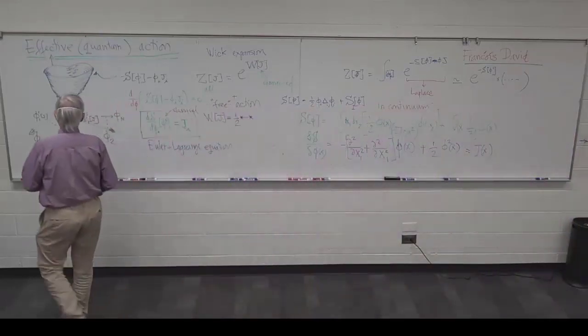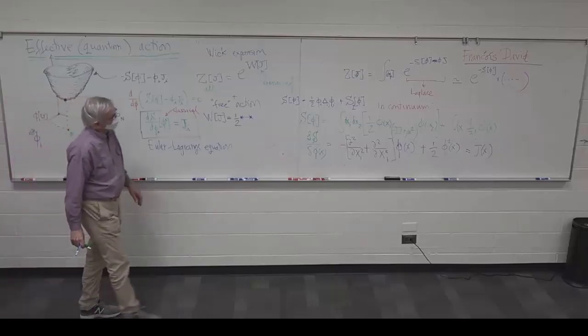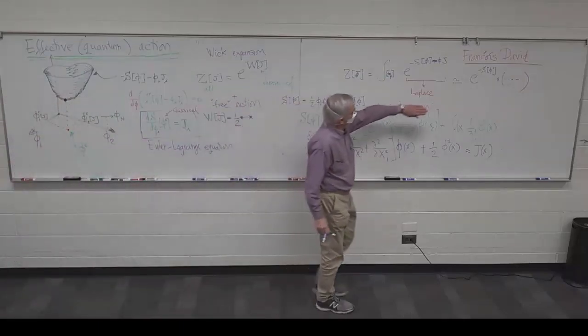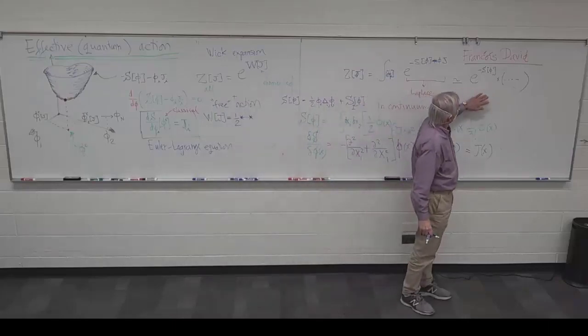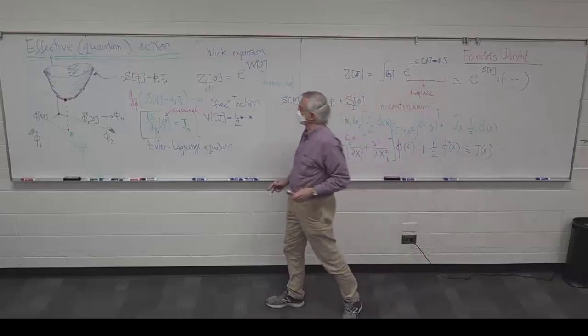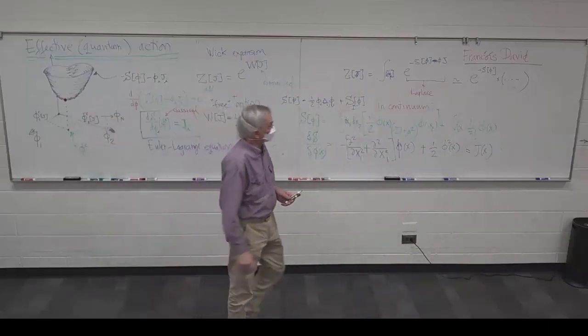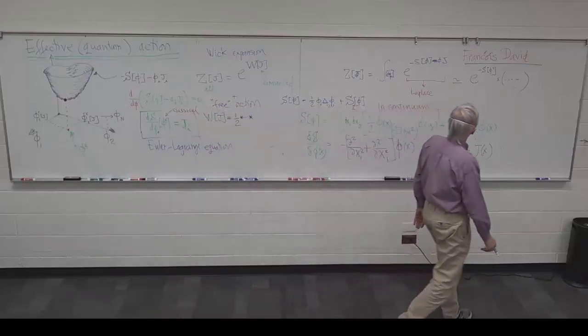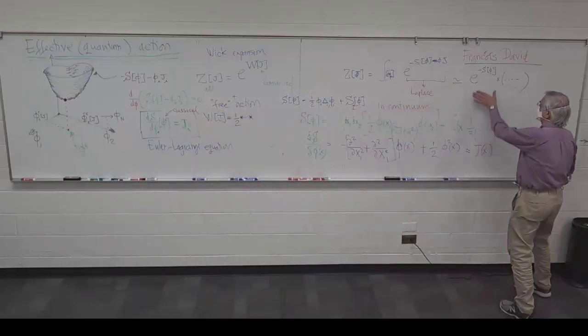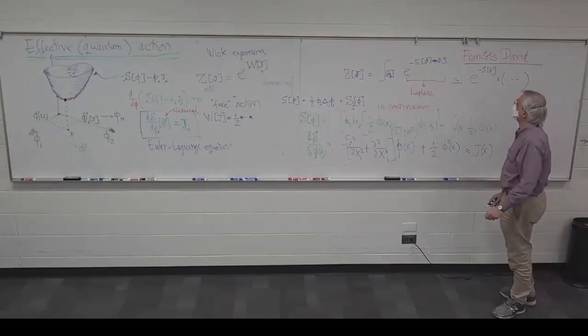And if there is only one solution to this condition, there will be only one term. If there is some finite number of solutions, you have a landscape, and there are other places, ridges, tops of mountains, other bottoms of valleys. There will be a sum of classical solutions, so that's allowed.